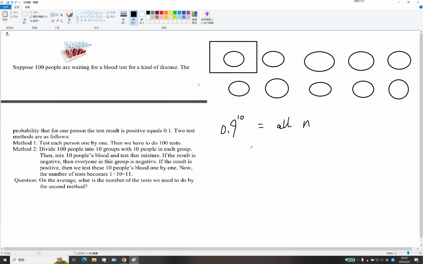So if all of them are negative, we have only to do one test.